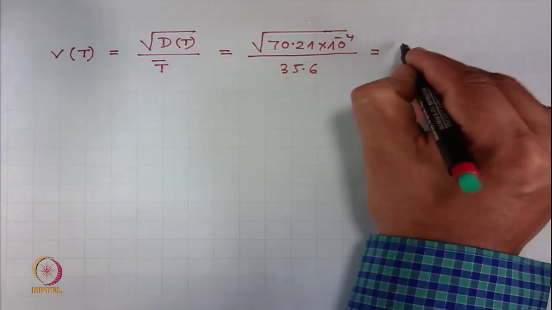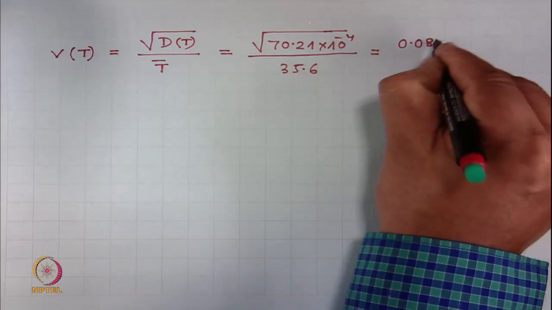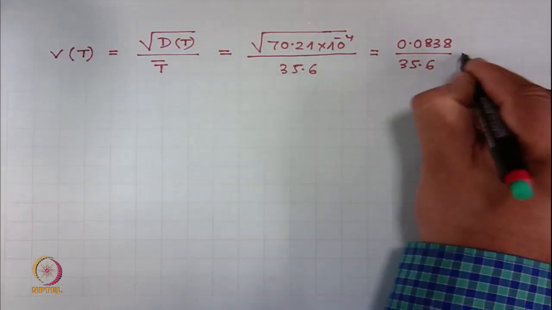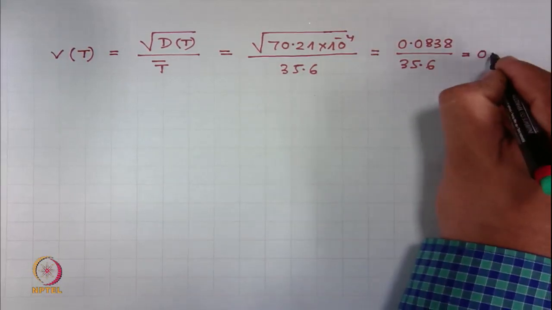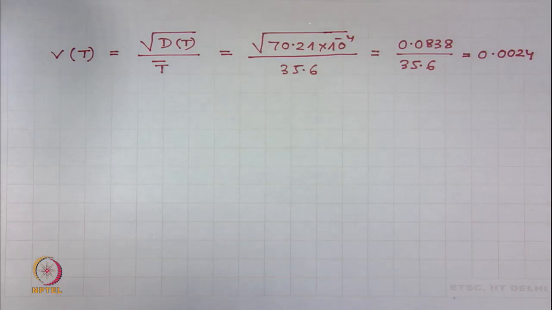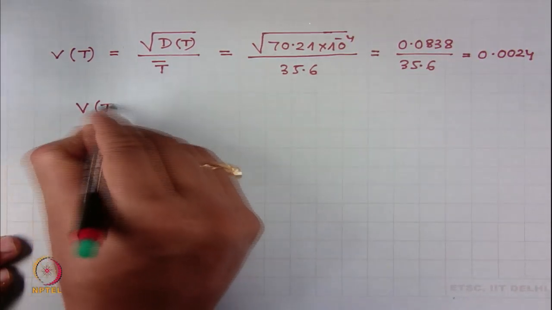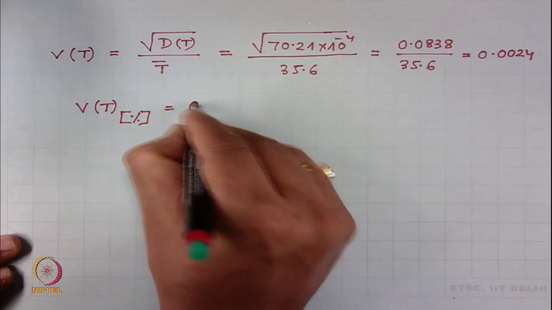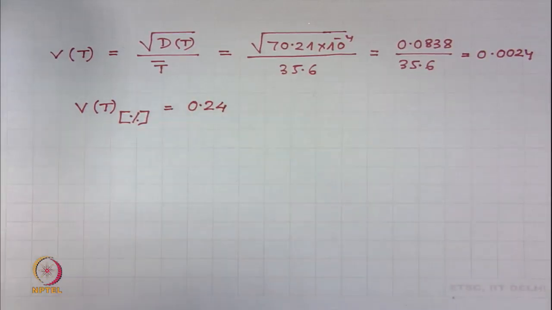So, you will see this will probably come this. So, 0.0024. So, in terms of percentage, if you wish to write, 0.24.